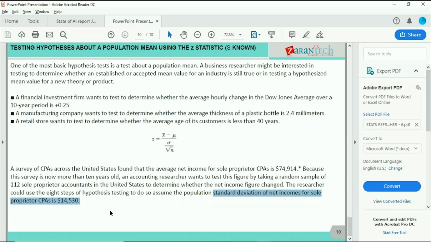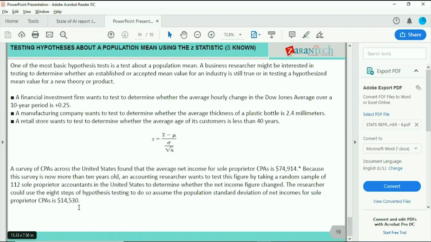Great. Okay. So what is 112 in this? The number of samples. What else do we have in this question? The average means the sample mean, X bar.